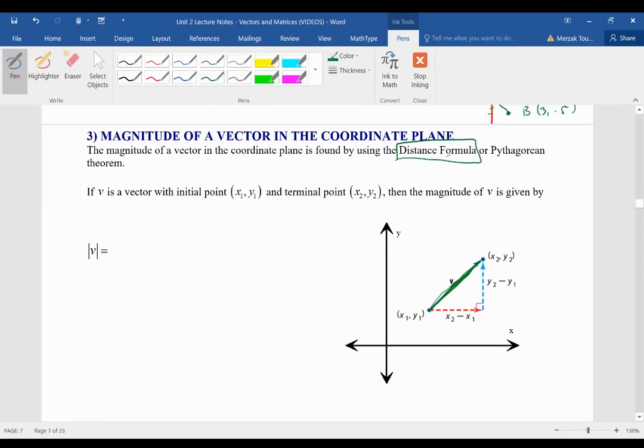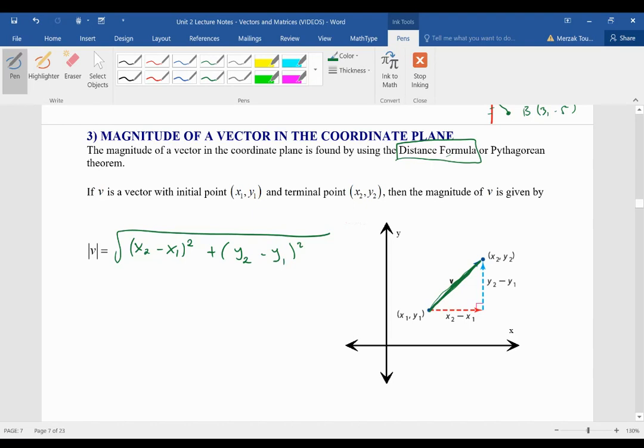So what does the distance formula say? v equals the square root of x2 minus x1, the distance between initial point and terminal point, squared, plus y2 minus y1 squared.